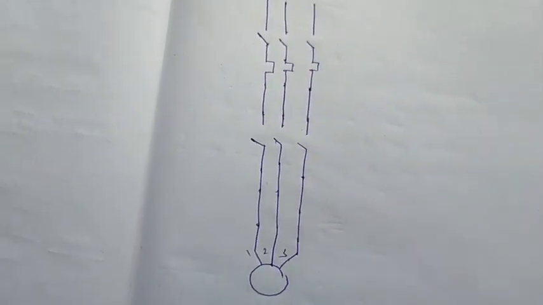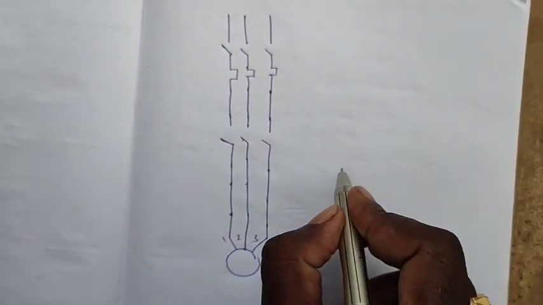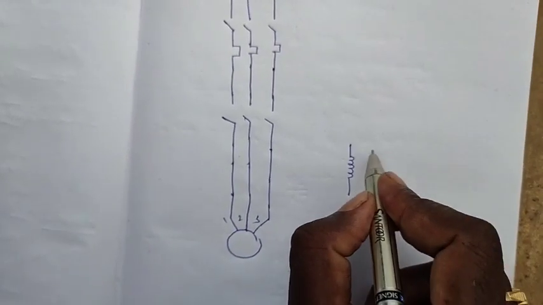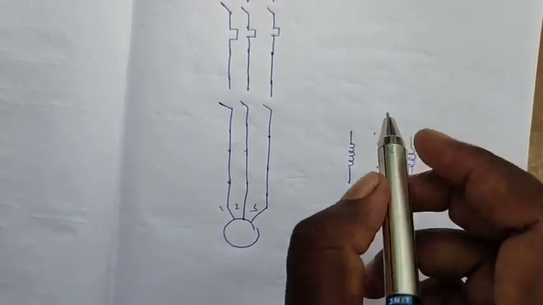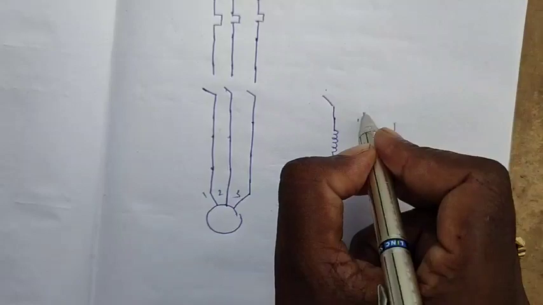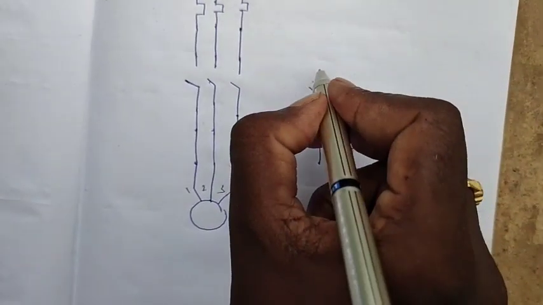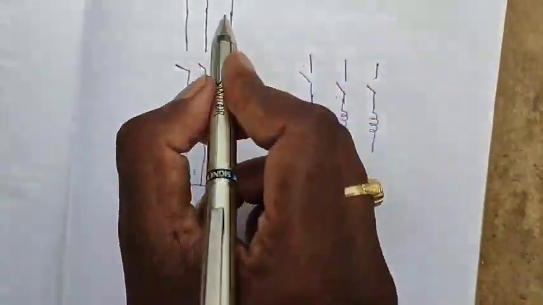After that we connect the 3-phase auto transformer, which consists of 3 windings.